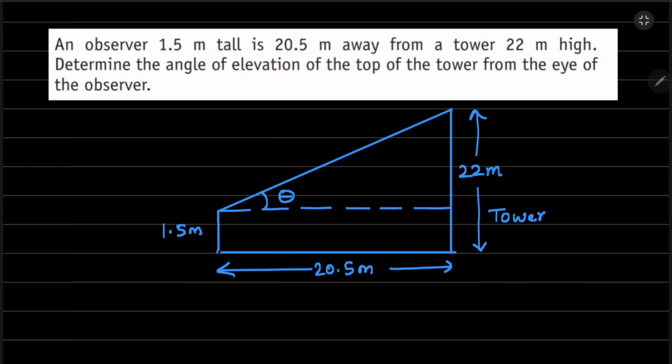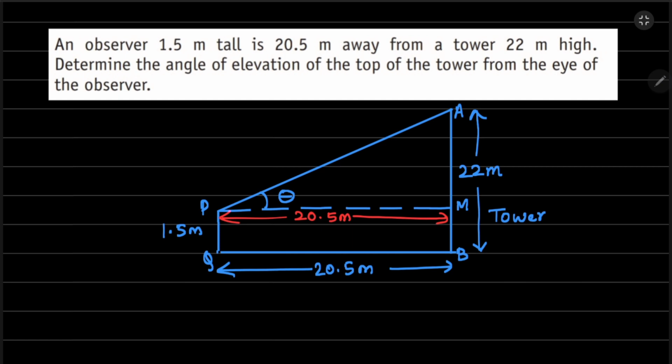Now, let us mark the points. Let this be P, Q. Let this be A, B. And let this point be M. Right? If this is 20.5, what is the length of PM? PM equal to QB. So this is also equal to 20.5 meters.